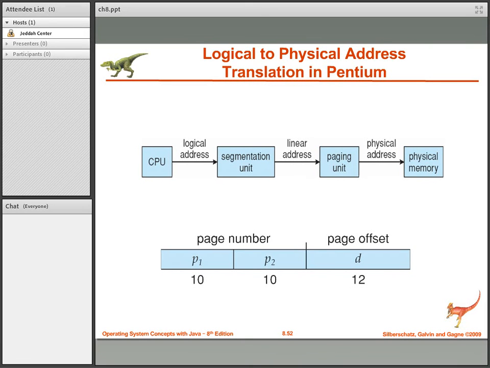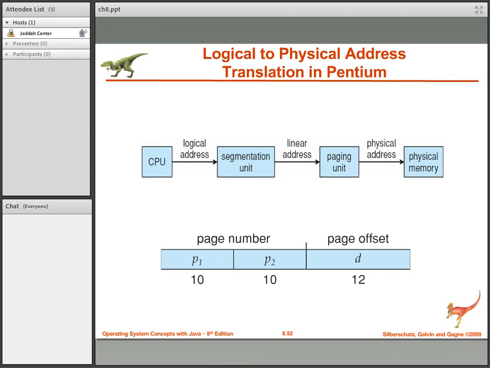This is a diagram and a linear address arrangement. At the top, you have the CPU. It gives you the logical address. This is passed on to a segmentation unit, which gives you the linear address.